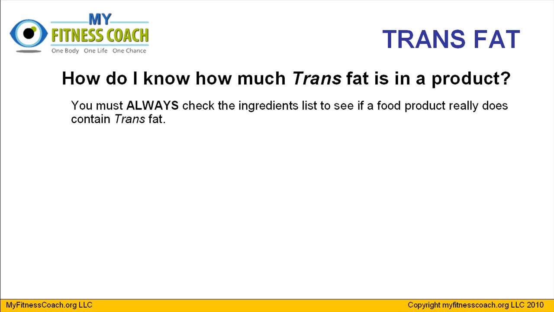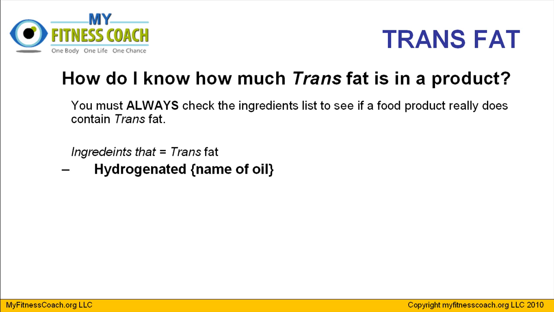You must always check the ingredients list, like I just mentioned, to see if a food product really does contain trans fats. What you're looking for is one of 2 things. It could say hydrogenated, or it could say partially hydrogenated, and then there's an oil afterwards. It doesn't matter what oil it is, whether it's soybean, cottonseed, or coconut.